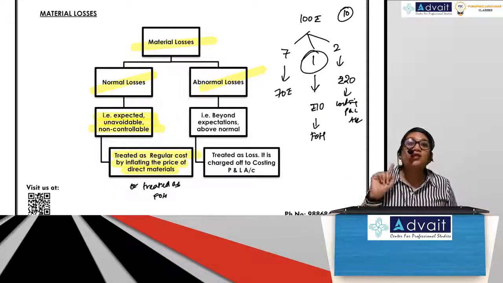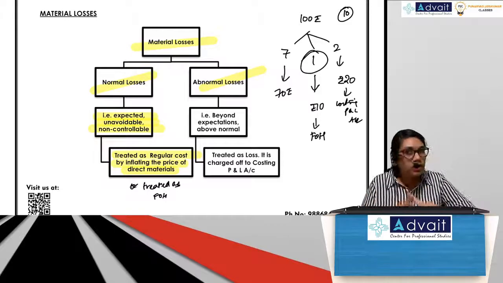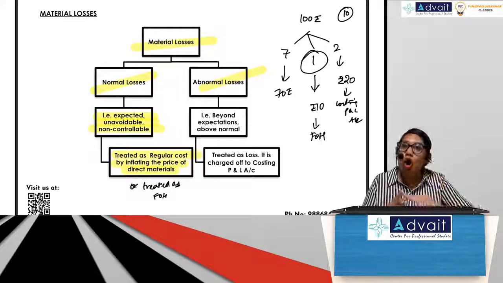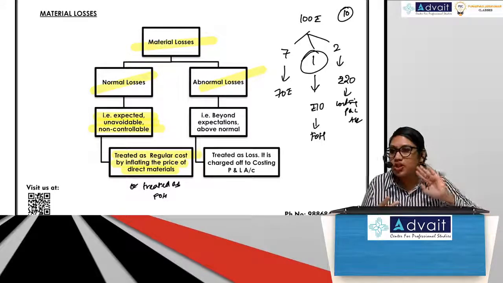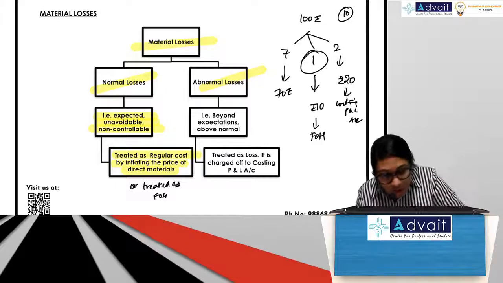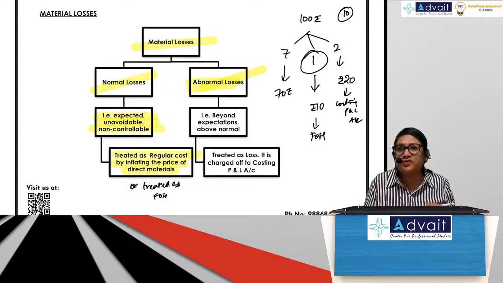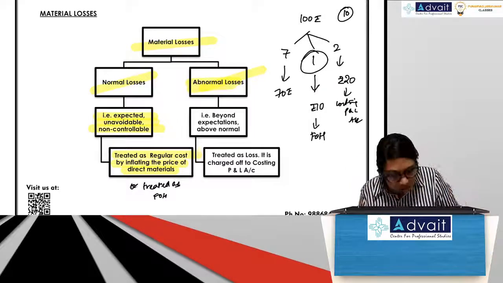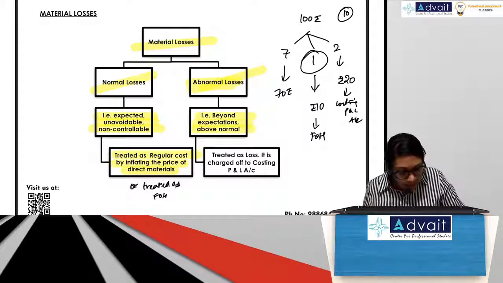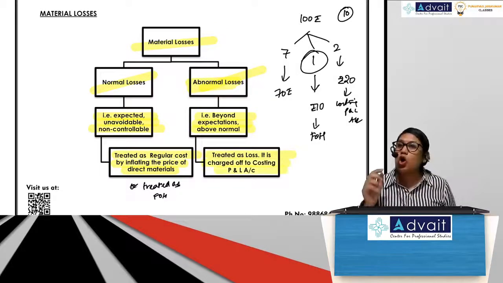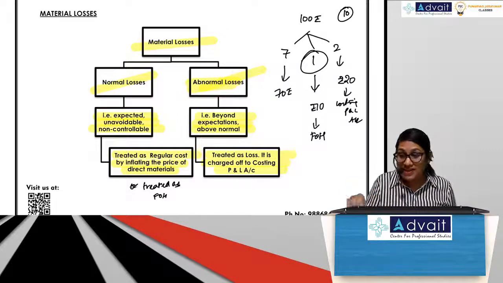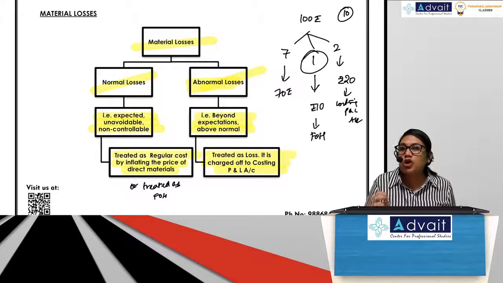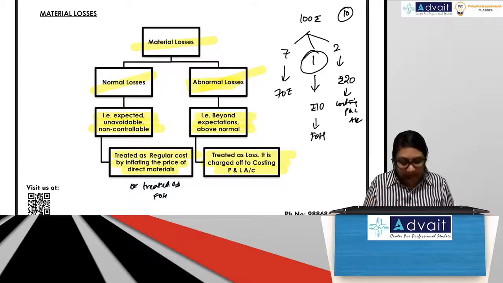So if there is a normal loss, it can either be treated by inflating the wage rate or the material rate, or it could be treated by charging it to FOH. And if there is an abnormal loss, then life is very simple. The minute abnormal comes into the picture, we know costing P&L. This is beyond expectations, above normal, and is treated by charging off to costing P&L account. So now in this case, we will charge this shortage as normal and treat it in both ways.